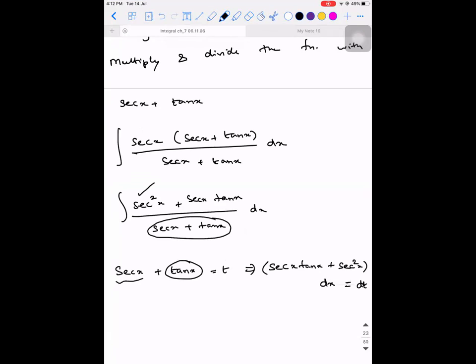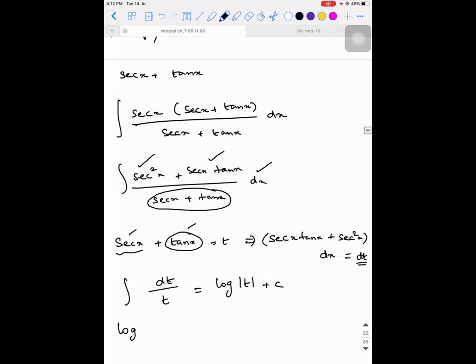So secant square x plus secant x tan x into dx, I can replace with dt. And secant x plus tan x, I can replace with t. So this will be log mod t plus c. So log of what do I have inside? Secant x plus tan x. So that is the answer. This also has to be remembered.